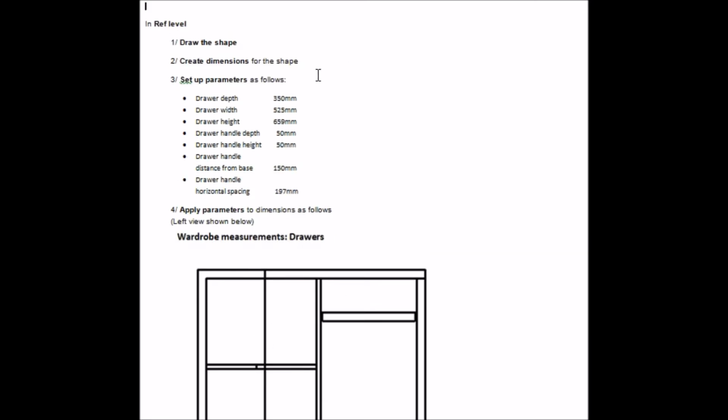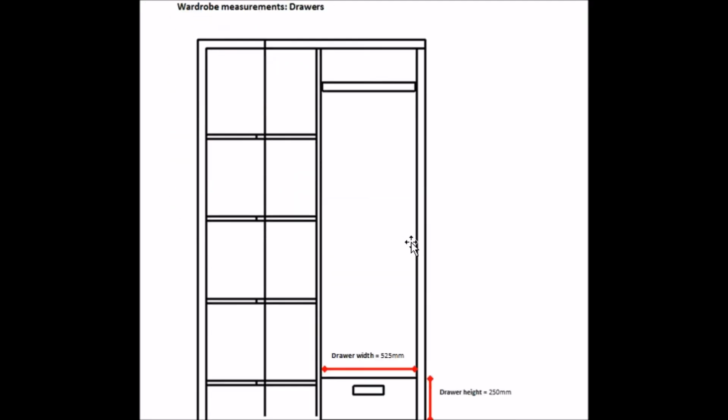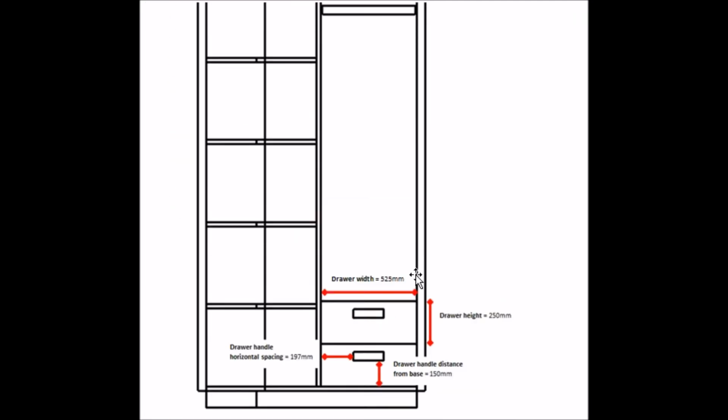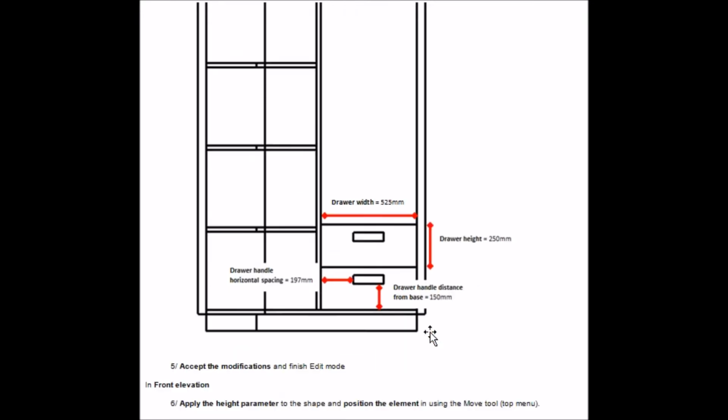Draw the shape, create the dimensions, set up the parameters. I'm using these parameters here, and apply the parameters to the dimensions. So you can see down here we've got my measurements, and you can see that I've got some parameters for the drawer handles and the spacing from the edge of the drawer and from the base.